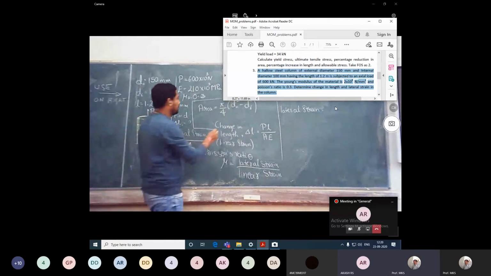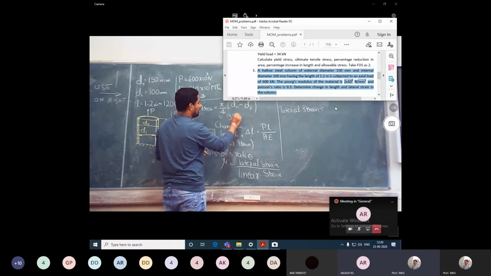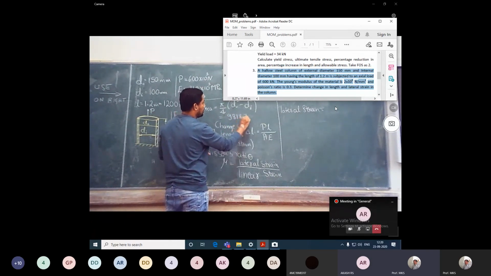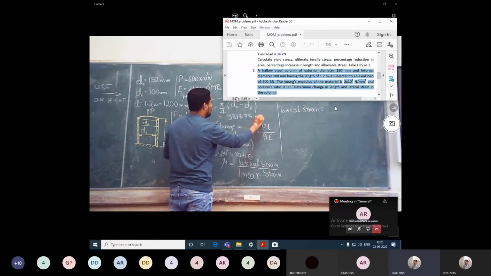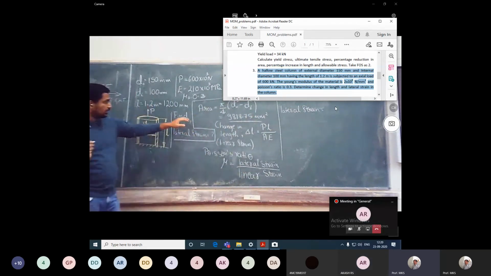Yes, that is right. 9818.75 mm square. So this is right. There may be a mistake in substitution.